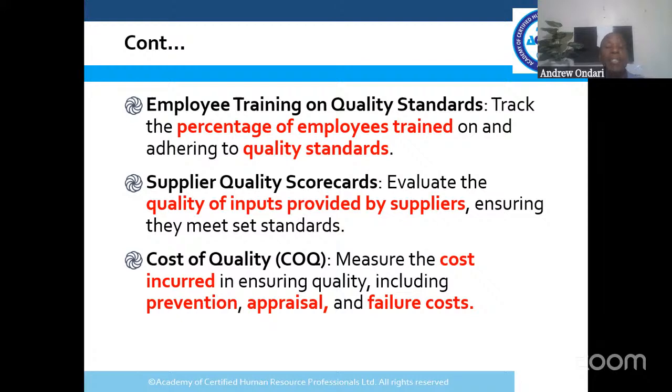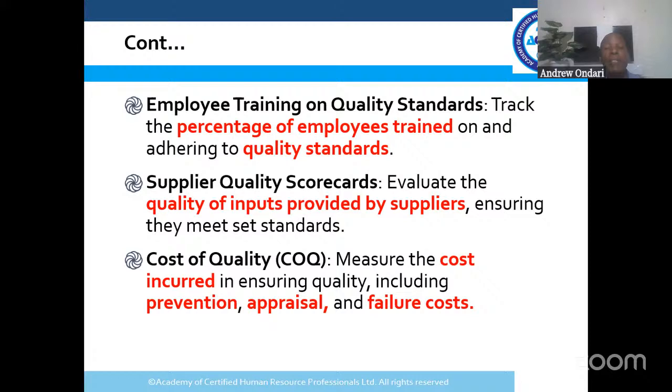Ensuring that there is quality means that we buy security gadgets, for example, like security cameras, or we buy quality computers, because we don't want our computers to hang when we are serving a customer, or we buy quality writing materials.